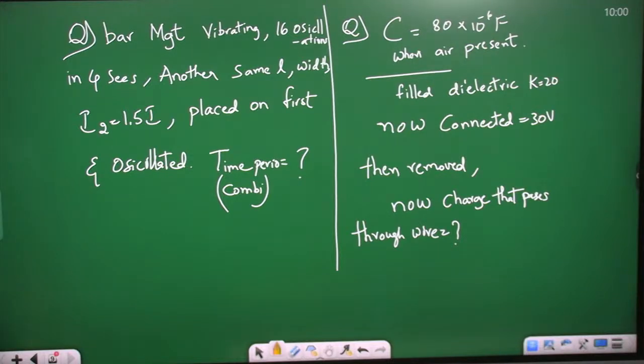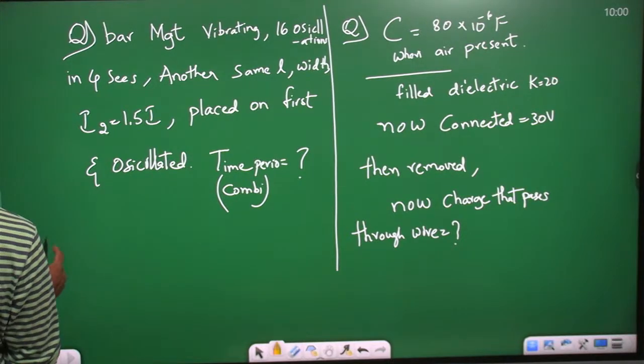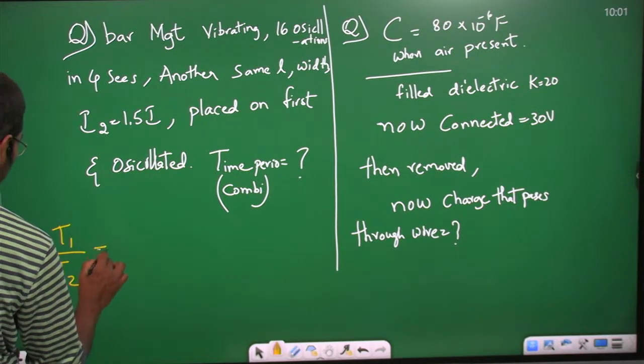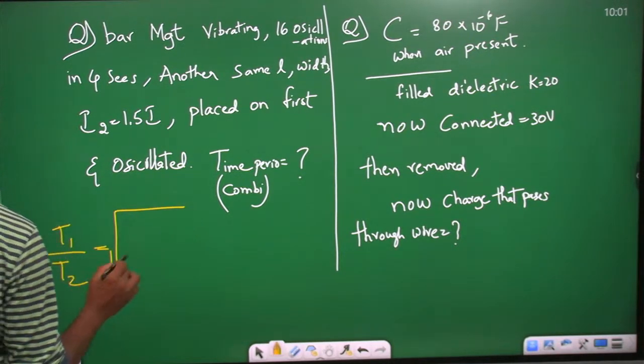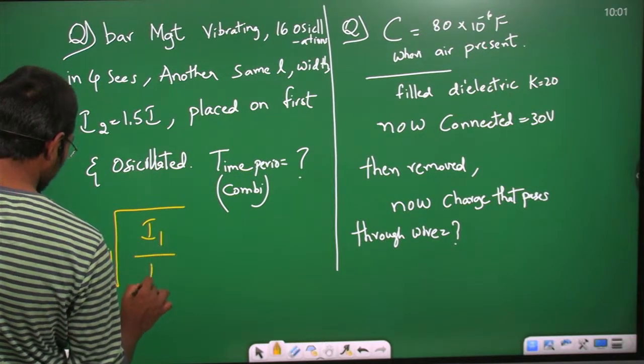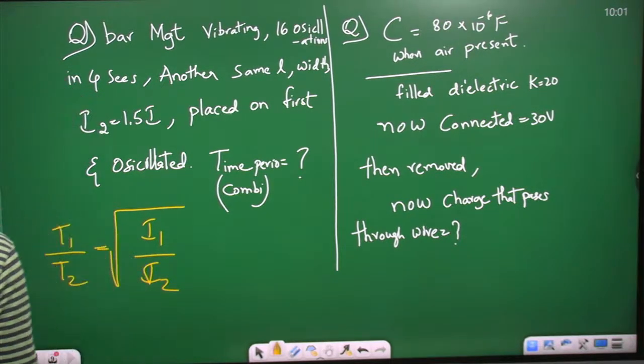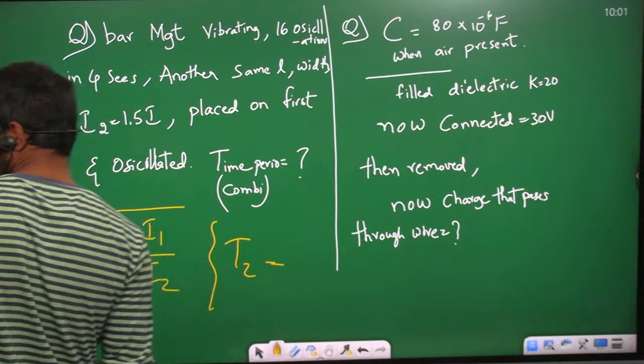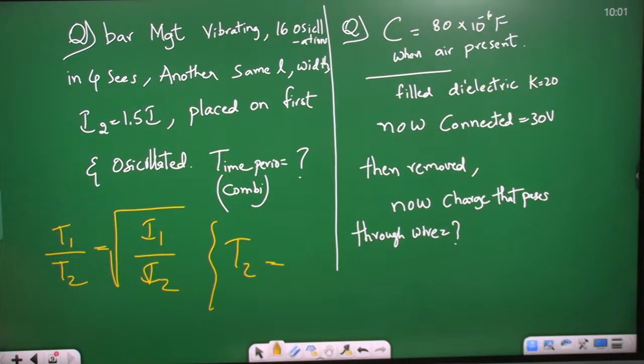See, if their magnetic moments are equal, I'm trying to write the hint, you try to solve. T1 by T2 is equal to root of I1 by I2 when their magnetic moments are same. So see the ratios, initial case, final case. Initially only one magnet we are trying to take.